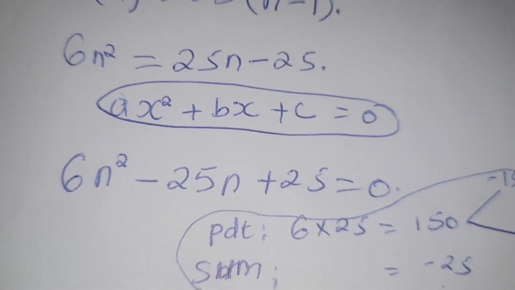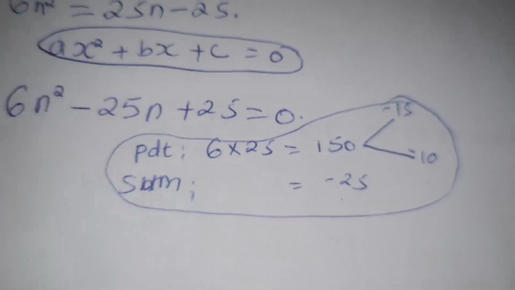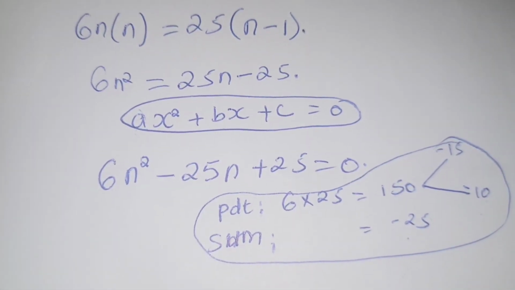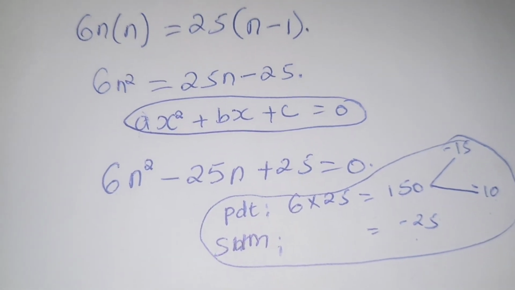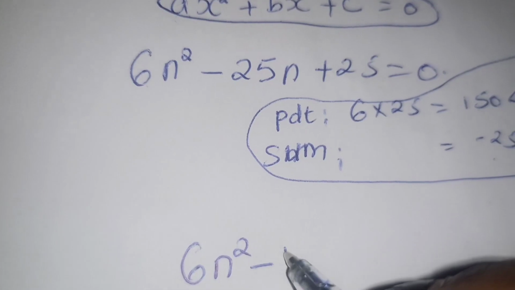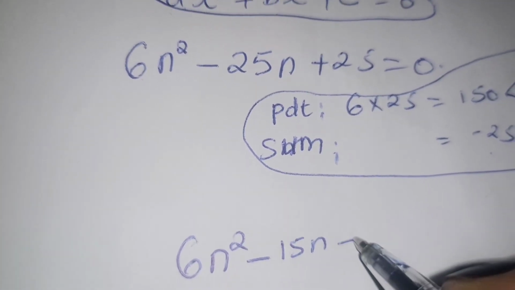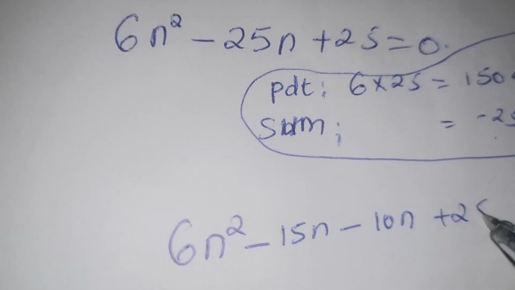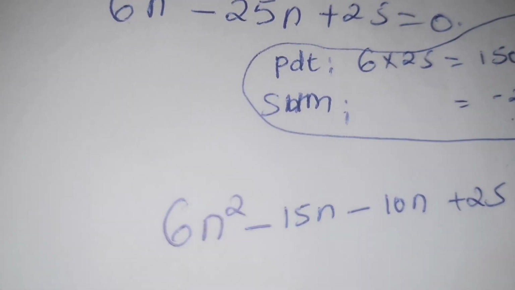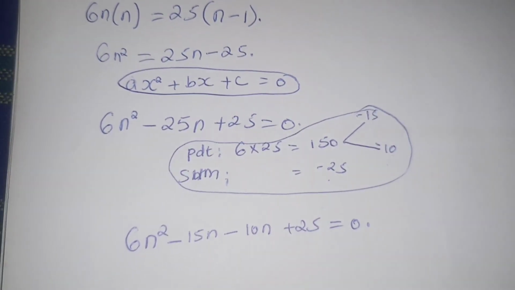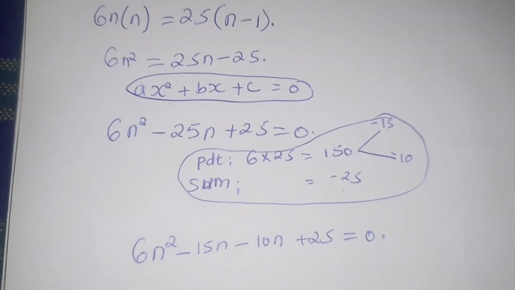And that is how you do the grouping method. So therefore we have 6n squared minus 15n minus 10n plus 25 is equal to 0.